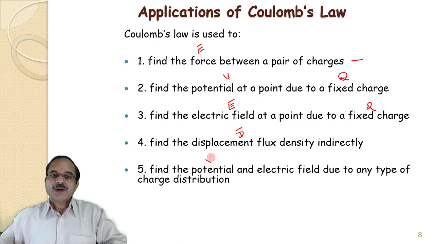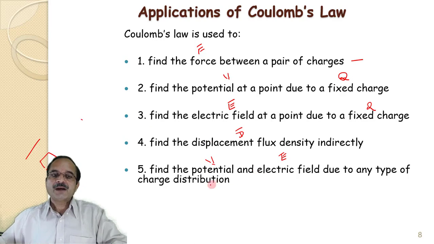Find potential and electric field due to any type of charge distribution. So if I have a charge distribution like a line charge distribution, or some surface charge distribution, or some volume charge distribution, then because of this charge distribution, how much is the voltage or the electric field intensity at some other point?